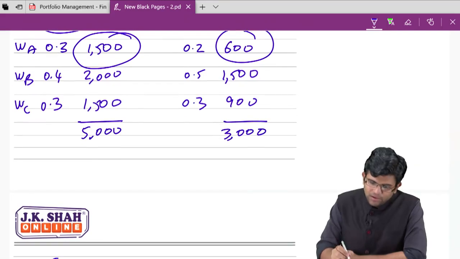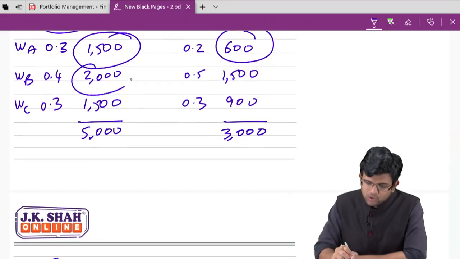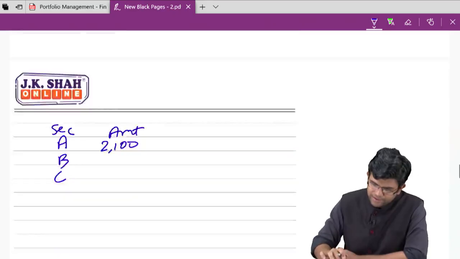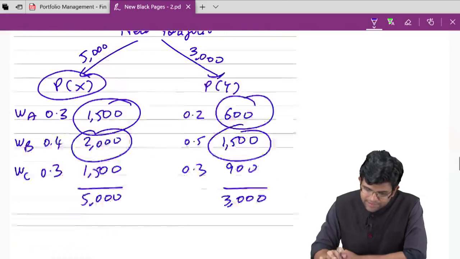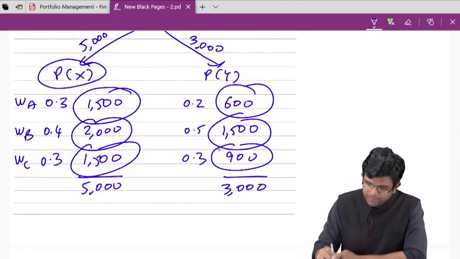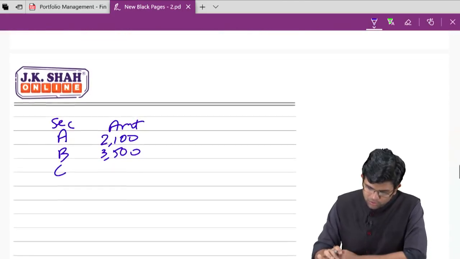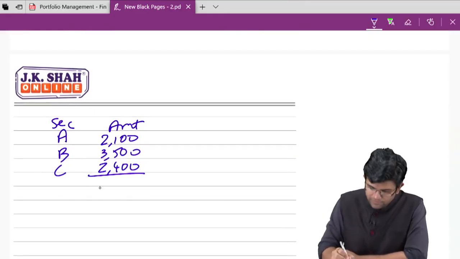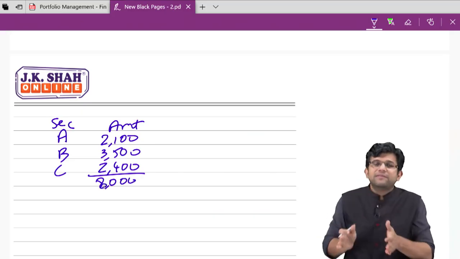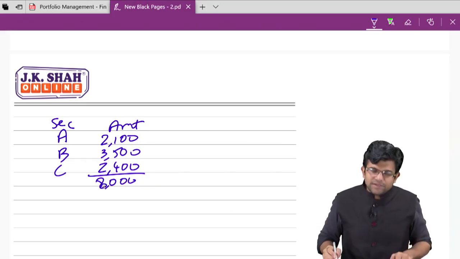For security B, my investment is 2,000 plus 1,500, that is 3,500. And for security C, it will be 1,500 plus 900, that is 2,400. If we take the total, we will get, of course, rupees 8,000. That is nothing but 5,000 invested in X and 3,000 invested in Y.